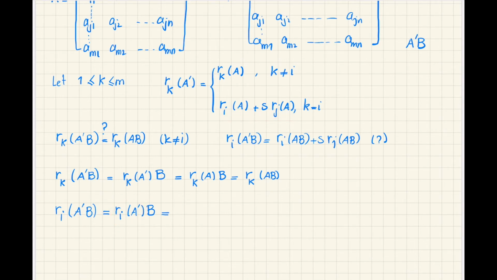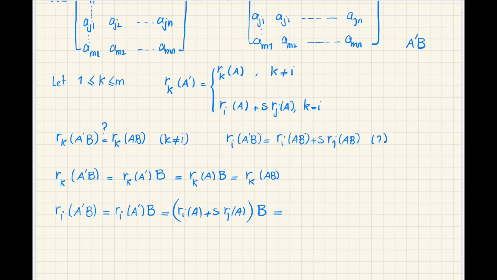So this becomes r sub i of A plus s r sub j of A, and then I multiply it by the whole matrix B. But I know that matrix multiplication is distributive over matrix addition.